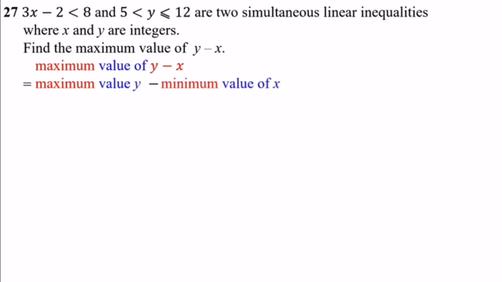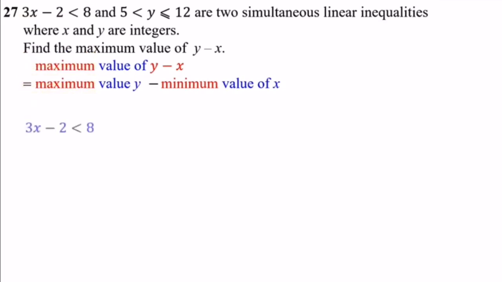We say y minus x. So let's list down the x and list down the y, and then after that we will choose accordingly the biggest value of y and the smallest value of x. Okay, now we start. We list down the x: 3x minus 2 less than 8.